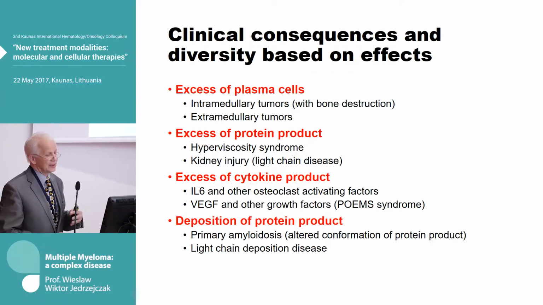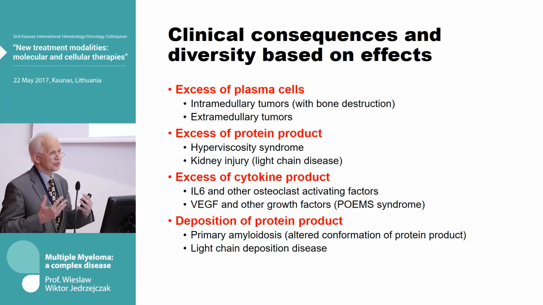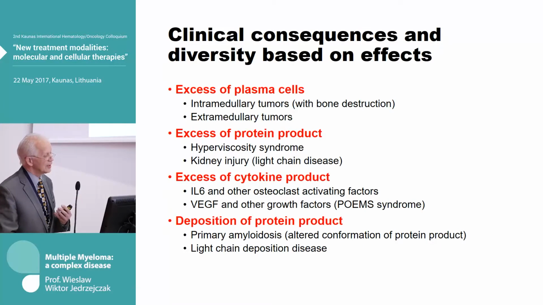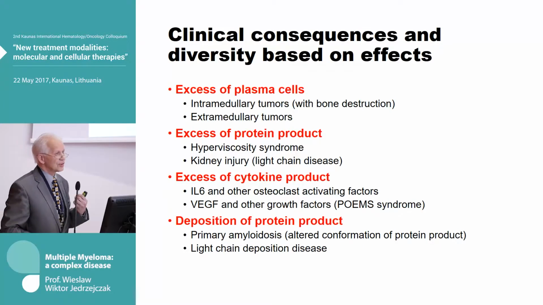They could be simply an excess of this product, which creates symptoms called hyperviscosity syndrome, or if this is light chain disease, more frequently kidney injury. Then the cells also produce various factors, such as IL-6 and other osteoclast activating factors, which contribute to bone destruction.